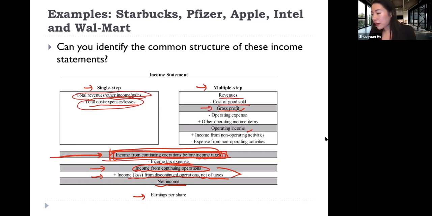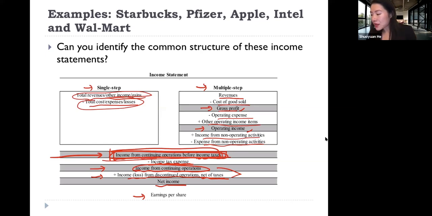Then from gross profit, take out operating expense, plus other operating income items. That gives you the operating income. From operating income, plus income from non-operating activities, minus expense from non-operating activities, that gives you income from continuing operations before income tax.